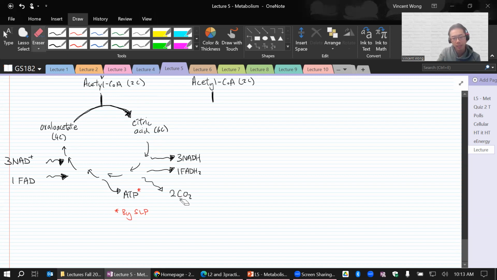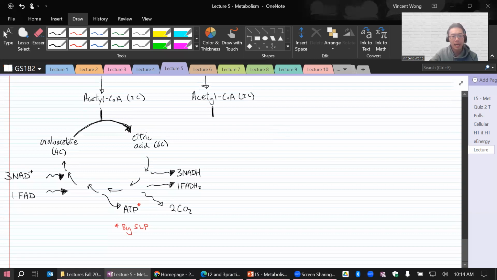The 2 carbon dioxide came from the original 2 carbon from the glucose. So you get the 6 carbon, but 4 was not from glucose, 4 of them was from this molecule. And once you remove the carbon dioxide, 6 minus 2 takes you back to 4. Okay, so then you regenerate oxaloacetate, which will be available to react with another acetyl-CoA.